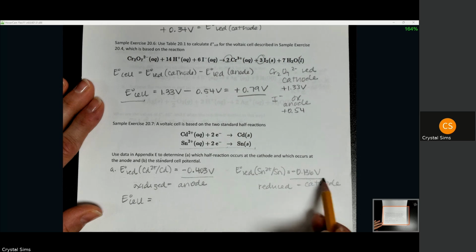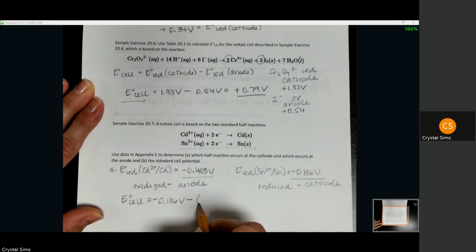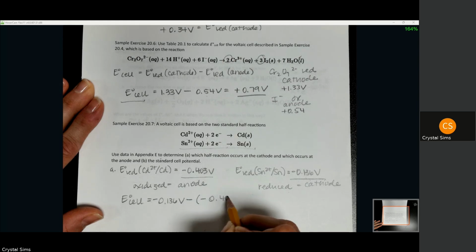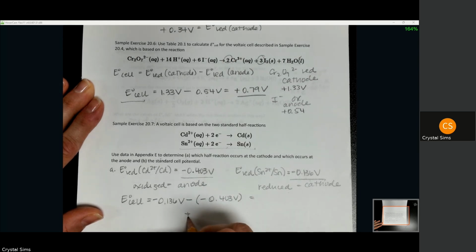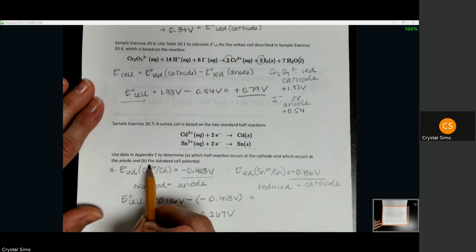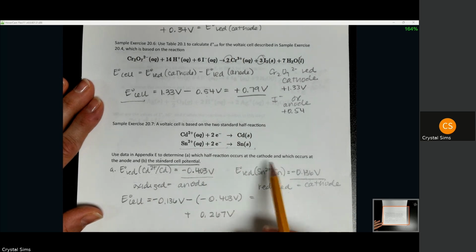So here's our cathode, negative 0.136, minus our negative 0.403, and that's going to equal positive 0.267 volts. So we've figured out our standard cell potential, and we've determined which reaction occurred at the cathode and which occurred at the anode.